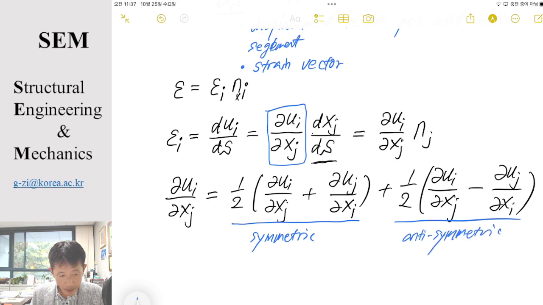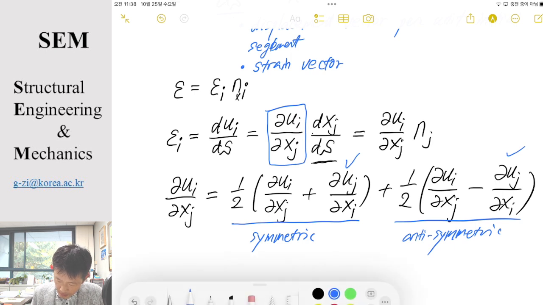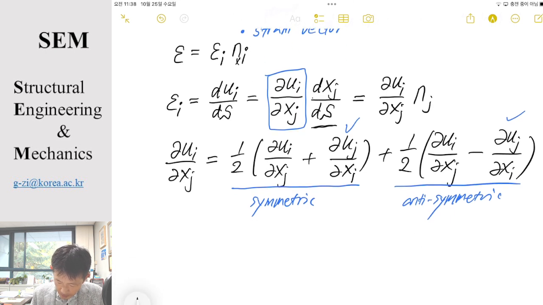If you compare these equations together, here this part and this part cancel each other, so it recovers the original formulation. And then this symmetric part we write as Eij, and this anti-symmetric part, typically we use omega ij here.